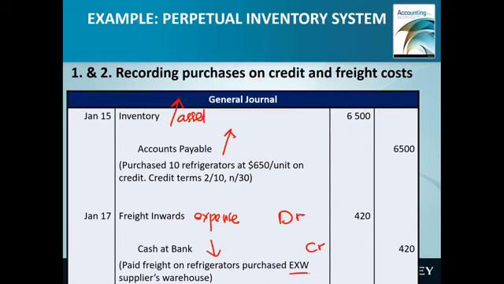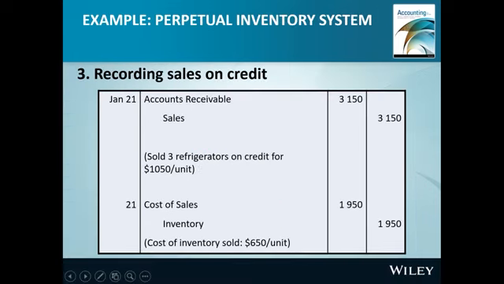I repeat again, ex-works, the seller will not bear the transportation cost, the buyer has to pay for it. So in this example, we have no choice. We have to pay $420 to bring the goods from our seller's warehouse to our shop. So that $420 will be our expense.